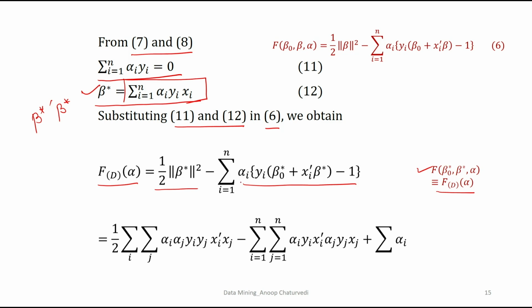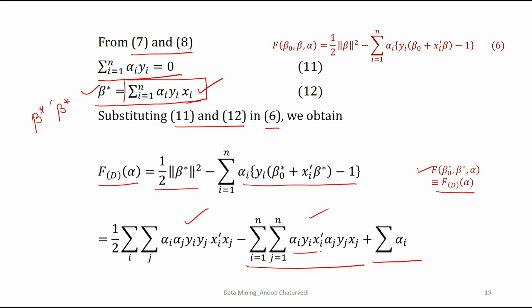Further, we get a term summation over i alpha i xi transpose beta star, and then we substitute the value of beta star from here. So, finally, we get this expression, summation i summation j alpha i yi xi transpose alpha j yj xj, and the last term is summation alpha i, and these two terms are equal.